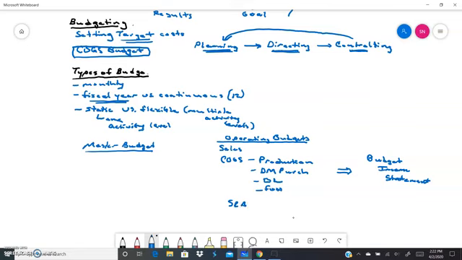So what we're going to focus on, we're not going to worry about the sales budget, and we're not going to worry about the selling and administrative budgets. We're really going to just focus on the cost of goods sold budget and the 4 operating budgets that are part of that: production, direct materials, purchases, direct labor, and factory overhead.